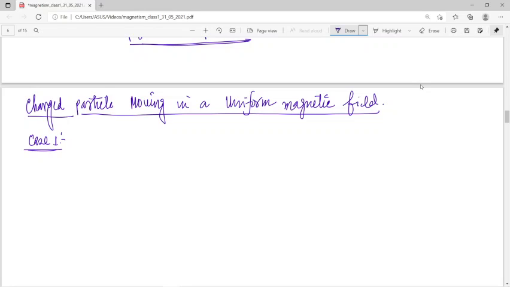Okay, very good. So the thing is, in case one, when the charged particle is moving, it does not experience any force if its motion is parallel or anti-parallel.